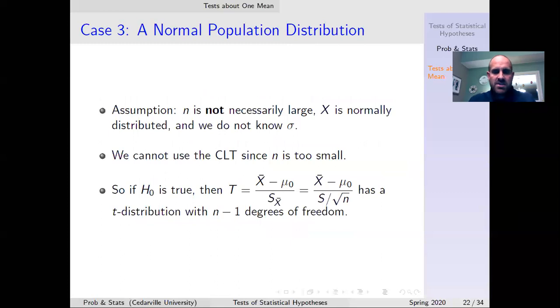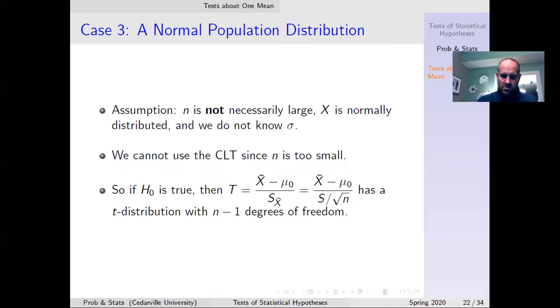And the third case is n is not necessarily large. In fact, it might be small, might be like 5 or 6. X is normally distributed, and we do not know sigma. Actually, that normally distributed thing is not exactly necessary.